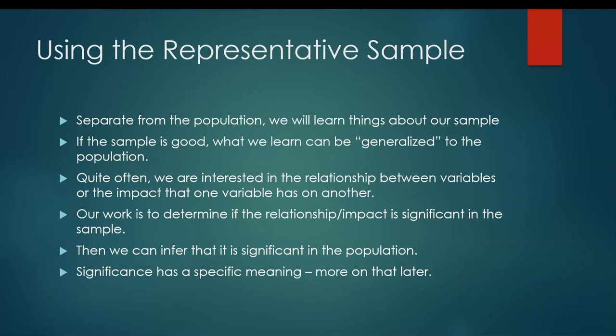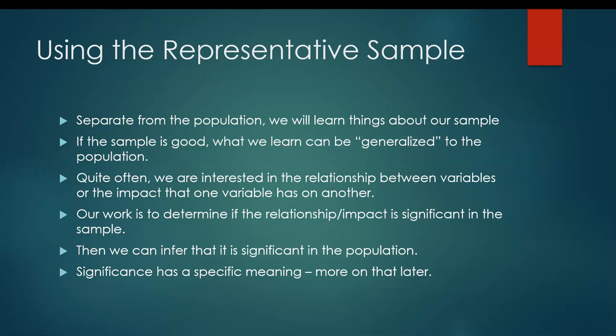So using the representative sample, which is separate from the population, we're going to learn things about our sample. If the sample's good, what we can learn can be generalized to the population. Quite often, we are interested in the relationship between variables or the impact that one variable has on another. So this could be the relationship between hours studied and score on a standardized exam.